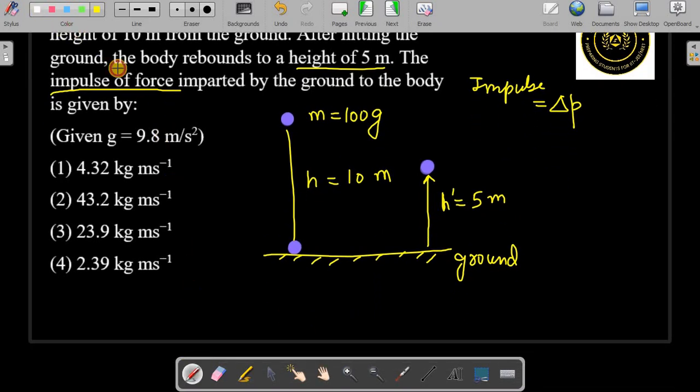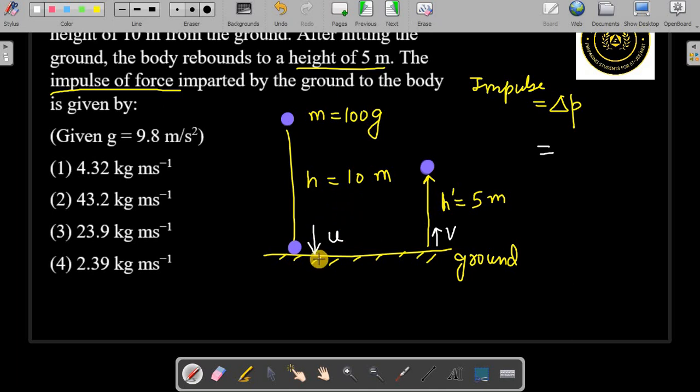So if you know the velocity with which it is going to hit, let us say it's u, and just after hitting, it is bouncing with a velocity v. If you know that velocity, then change of momentum you can calculate, and the signs are also important.